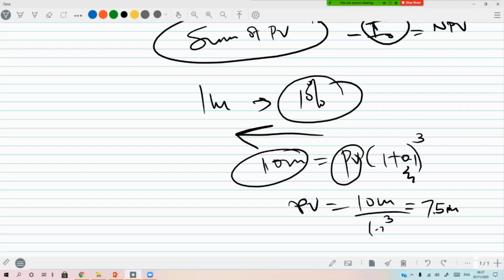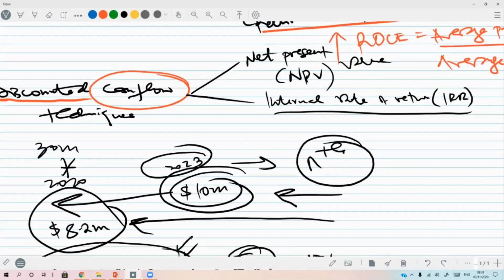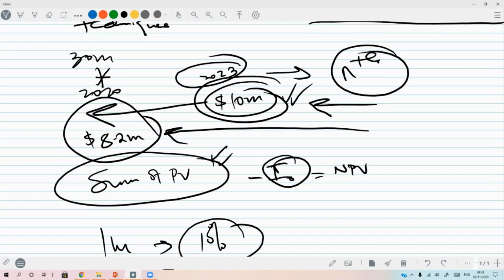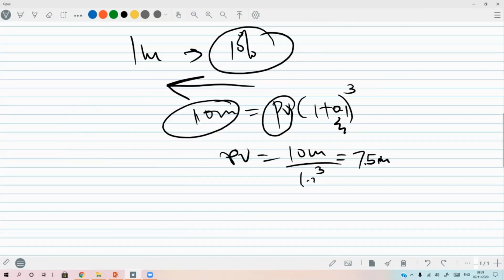The IRR, the internal rate of return, as an appraisal method: if we discount the cash flows of the project all the way to the end at a given rate, and this rate makes the sum of the present value of cash flows equal to the initial investment cost, in such a way that the NPV is equal to 0, then that rate is the IRR.